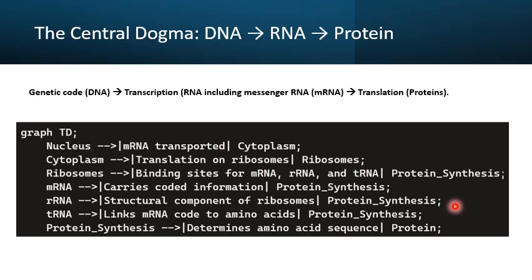And the last type of RNA that you need to know is transfer RNA. This provides the molecular link between the code contained in the base sequence of each mRNA and the final protein synthesis, or the amino acid sequence that will be produced.